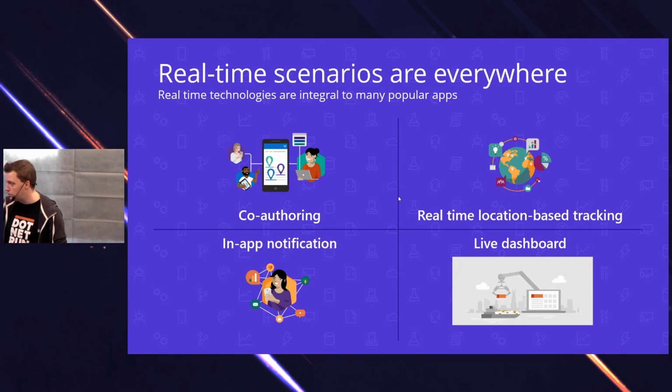I will get back to the in-app notifications in a little bit, and of course, with all that real-time data coming in, you can also live update your live dashboard. I see a big TV screen here and one in the back in this room. You could show all kinds of data, maybe your sales numbers or those Uber drivers driving around. If you are starting the next Uber, who knows? You can all see them driving around on that big screen, updating live with SignalR.